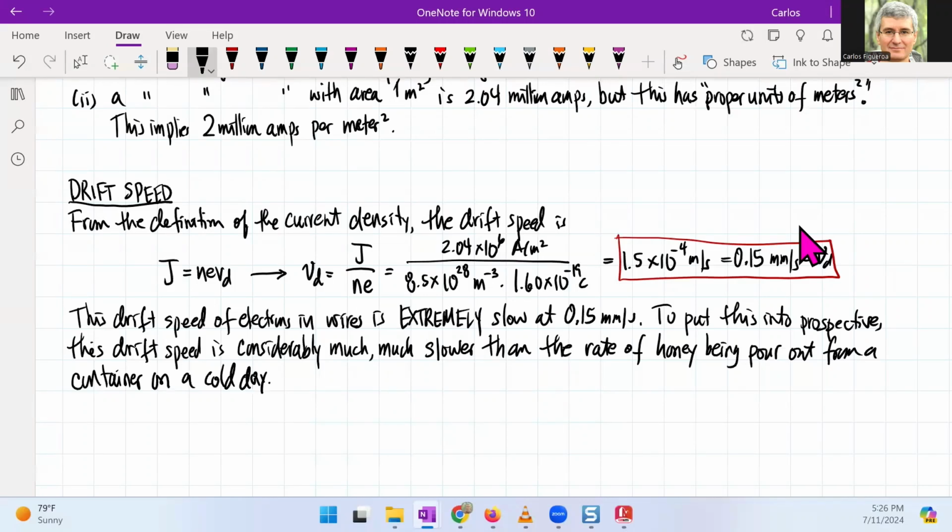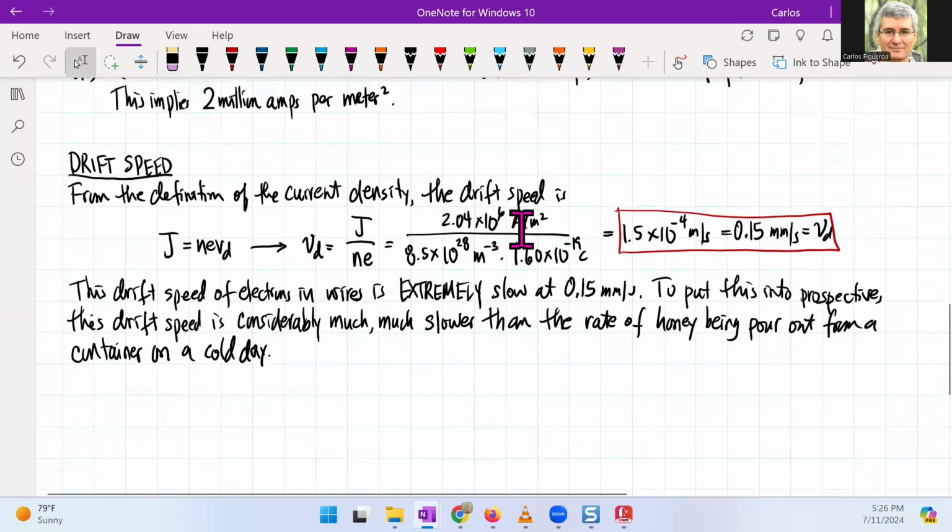It is incomprehensible how slow that value is.